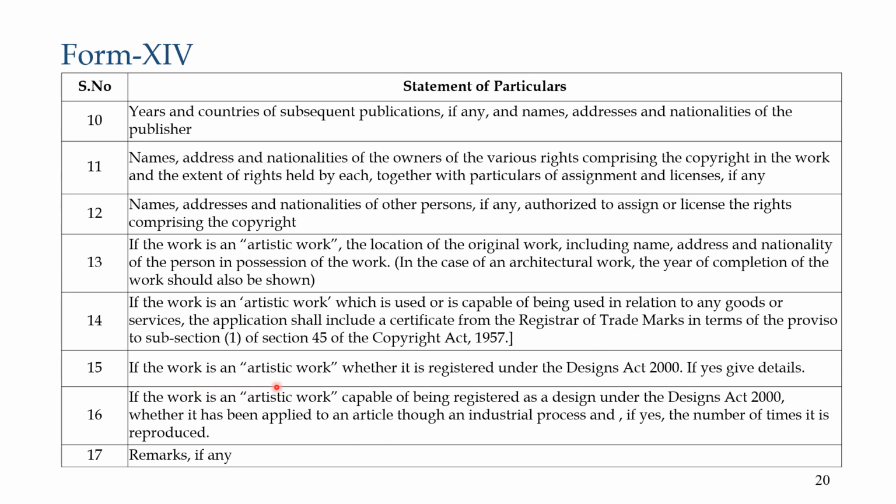If the work is an artistic work, whether it is registered under the Designs Act 2000 or not, if yes, any details. If the artistic work is capable of being registered as a design under the Designs Act 2000, whether it has been applied to an article through an industrial process or not. If yes, the number of times it is reproduced. So this many details need to be provided in Form 14.